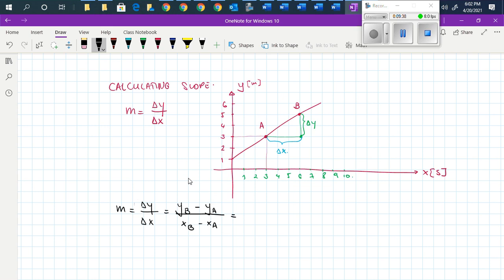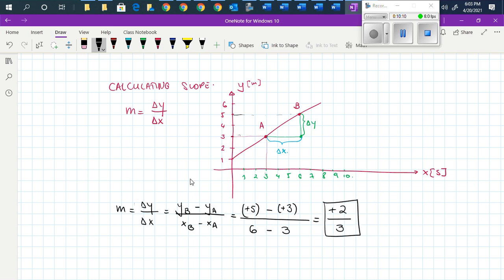So y of b is this point here, which is positive 5, minus y of a, this point here, positive 3, over x of b, which is 6, minus 3. So then we will have positive 2 over 3, and this will be the slope.